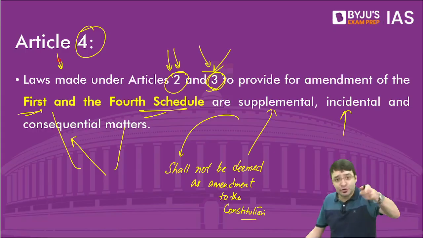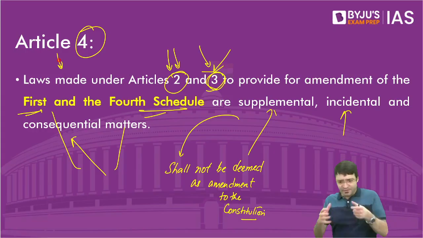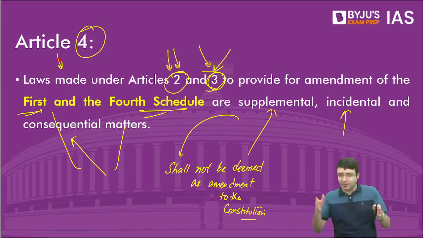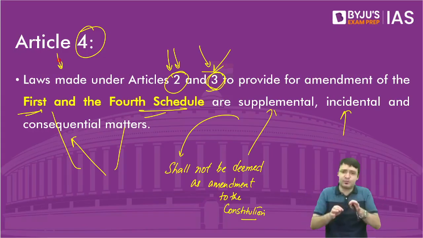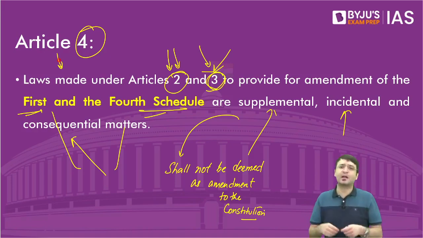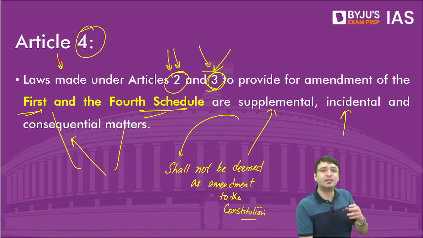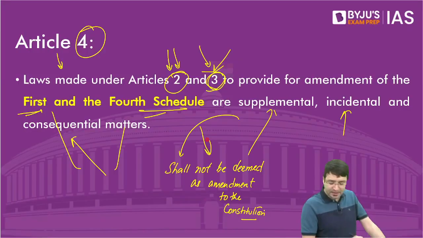You need a constitutional amendment. But if the parliament passes a law under Article 2 and 3, there will be changes to Schedule 4. But these changes are incidental. These changes are consequential matters. And these cannot be deemed as amendment to the Constitution. Clear?